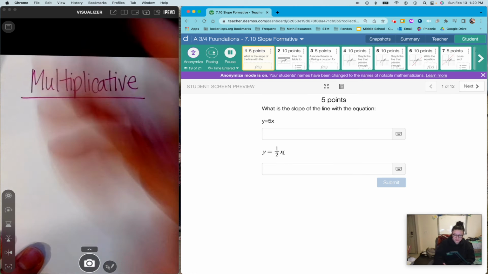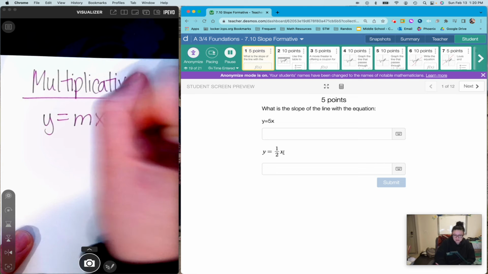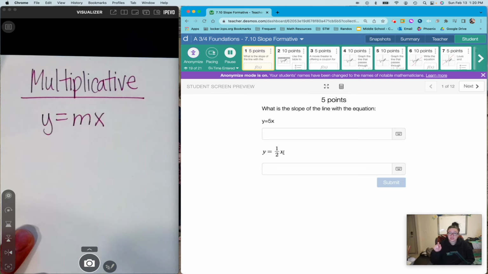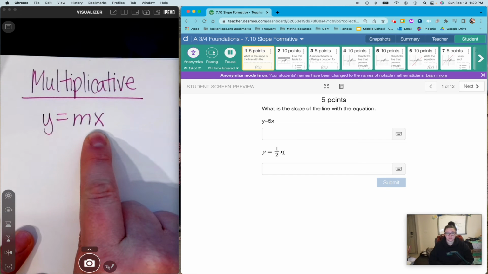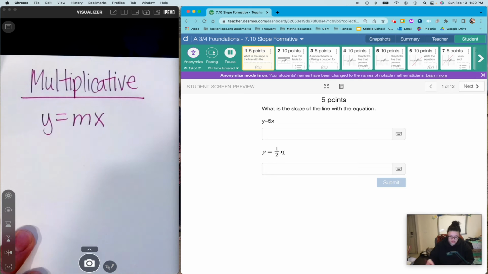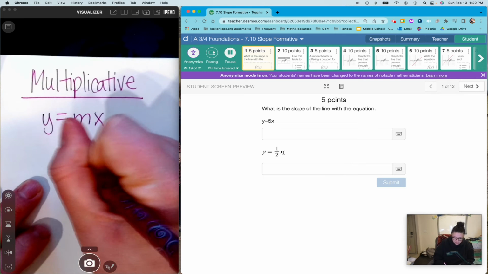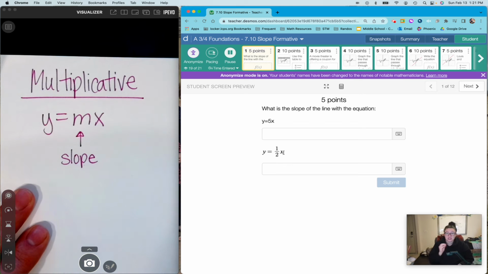Or is this a multiplicative relationship where my equation is in the form y equals mx? These are both multiplicative. They both have a coefficient with the x. They both have a slope with the x. Again, this m, my coefficient, is my slope. I need to know this to answer this question.